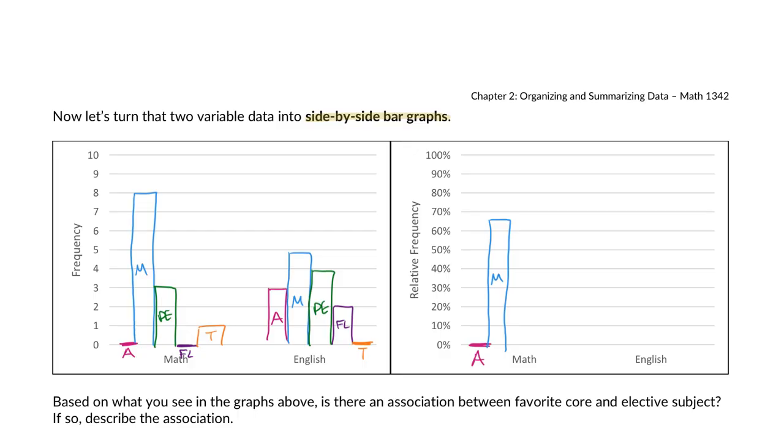Then we had 25% pick PE or athletics. 0% picked foreign language. And 8% of respondents picked technology when they picked math. Just do your best on the heights. I get it.